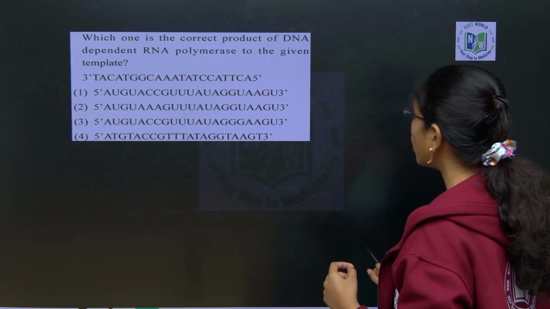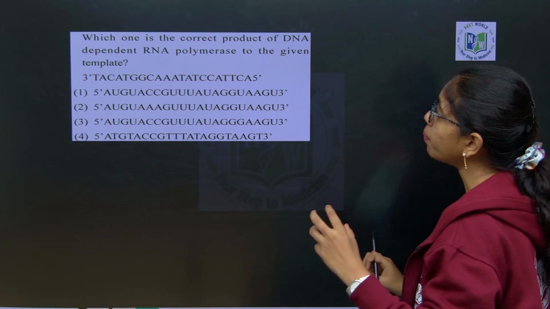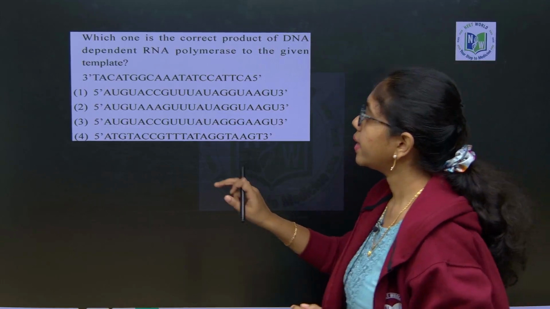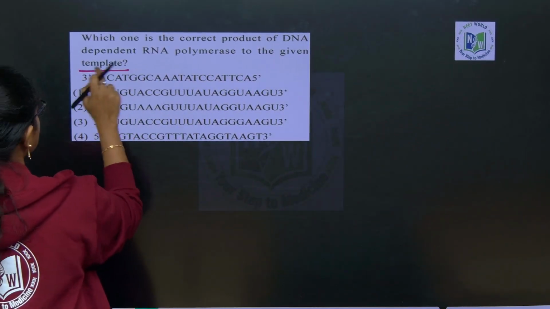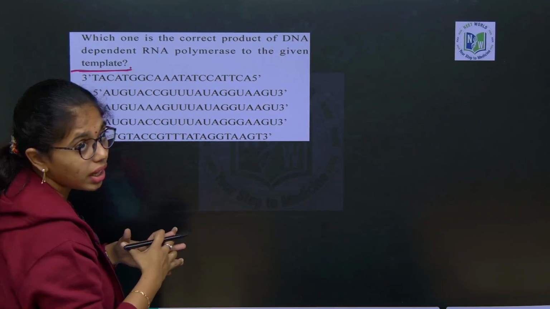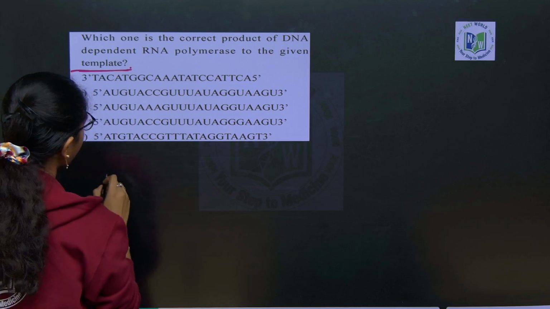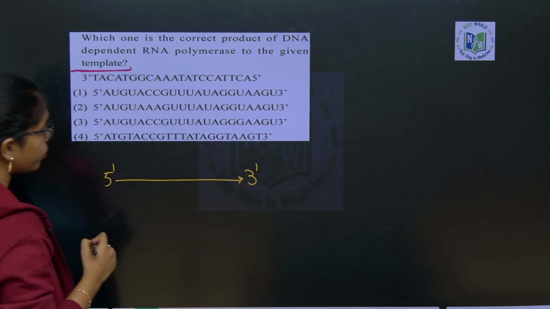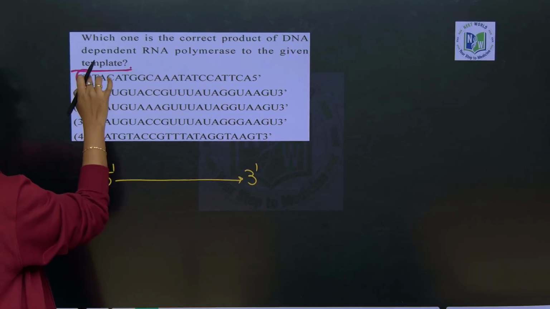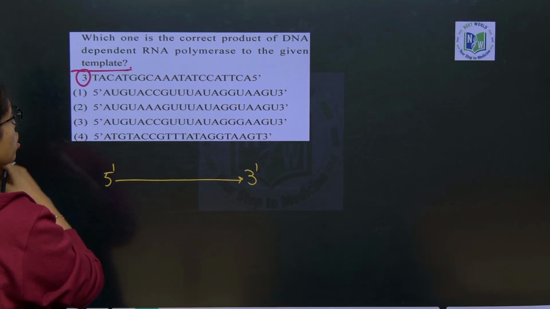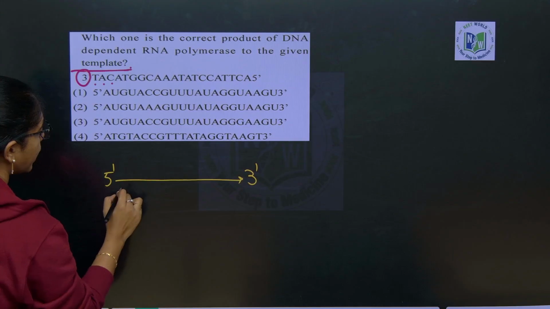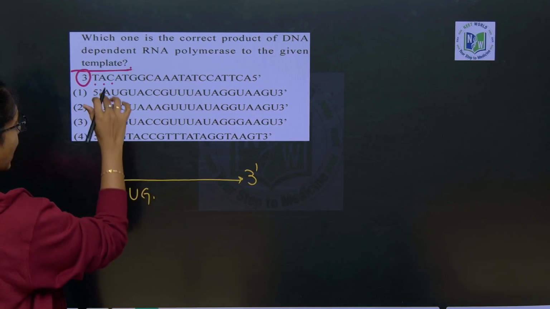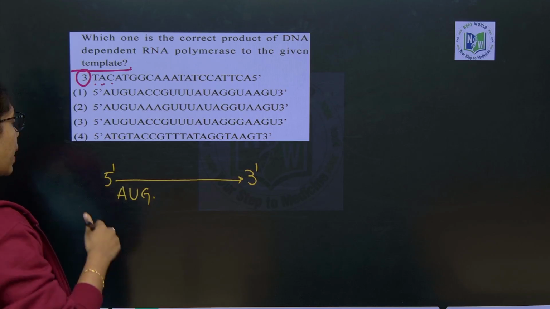Next, which one of the following is the correct product of DNA dependent RNA polymerase to the given template? So for us the template strand is given, we have to find out the RNA strand. Just now we have discussed, a new strand is always synthesized from 5 prime to 3 prime direction, identifying the 3 prime end of the parent. So here TAC means we will get AUG, because adenine will code for uracil in mRNA.